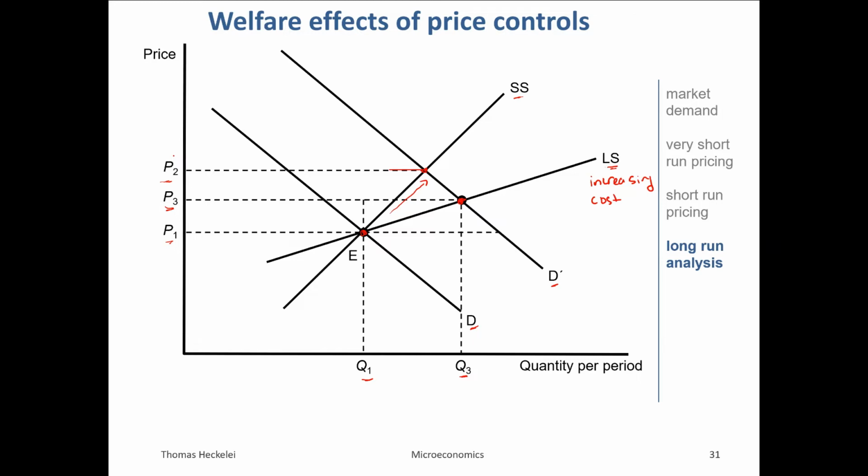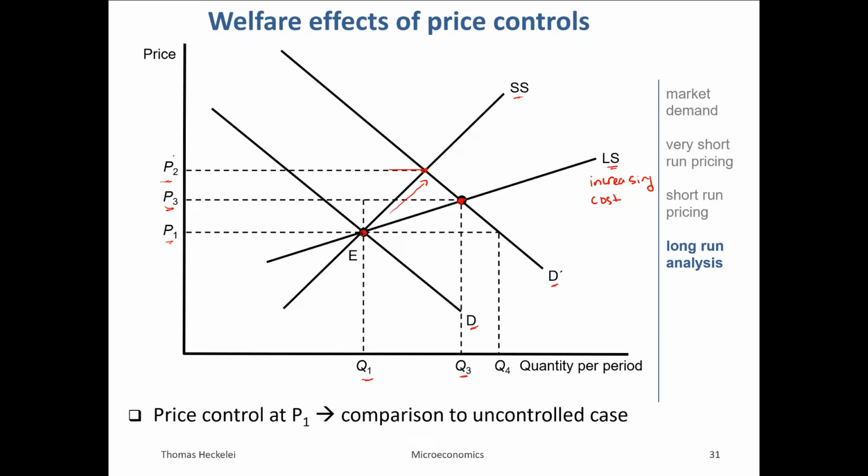However, what happens if it's not the case that the market can freely adjust just by demand and supply forces? Specifically here, the price is kept at P1, with no possibility to increase to either P2 or P3. So we will compare the consumer and producer surplus in these two cases.